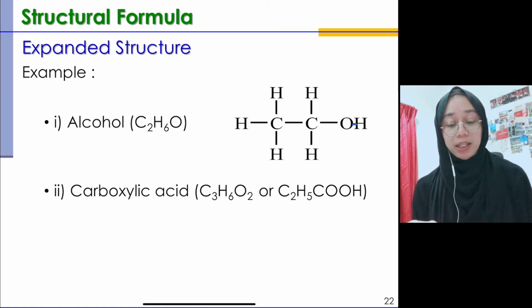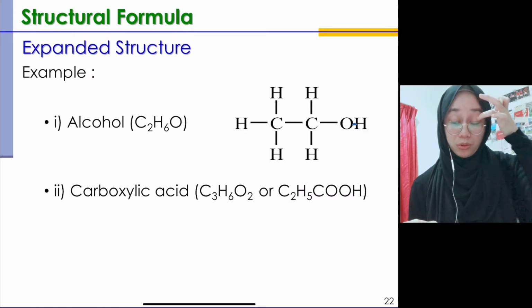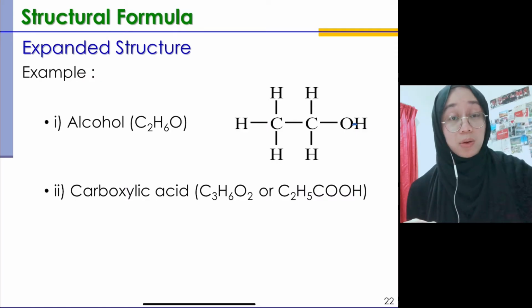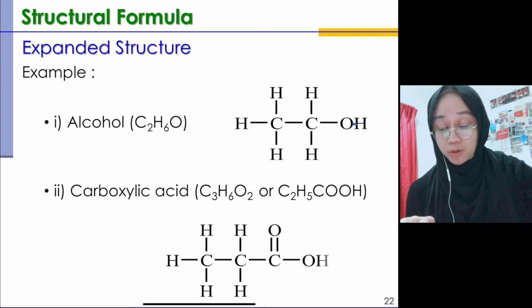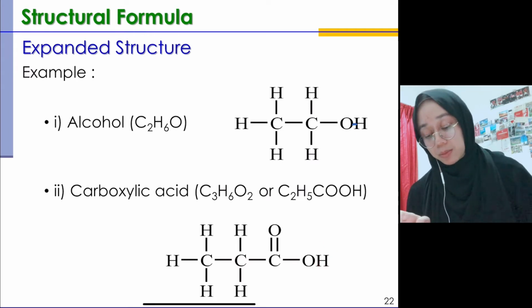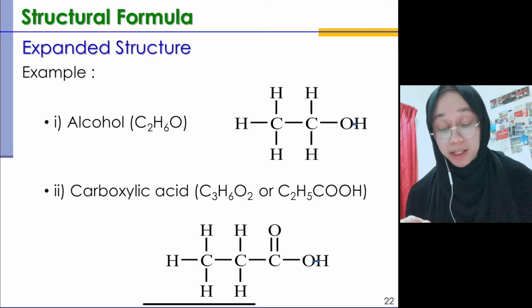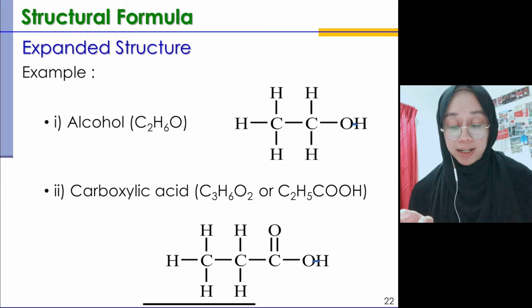Okay, and the next one kita ada carboxylic acid. So C3H6O2 ataupun C2H5COOH. Okay, so ini adalah contoh dia. Again, tolong betulkan dalam nota kamu. This part here, supposedly, kita kena expandkan dia. So dia kena ada bond dekat situ sebenarnya. Okay, yang lain tu okay dah.